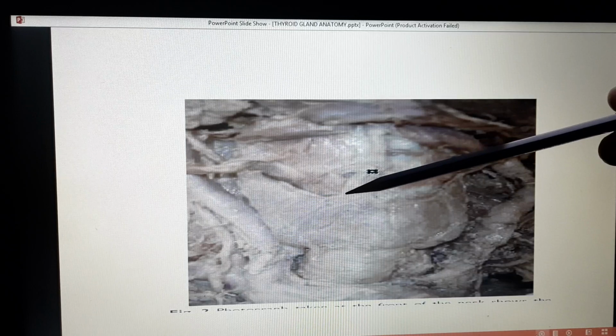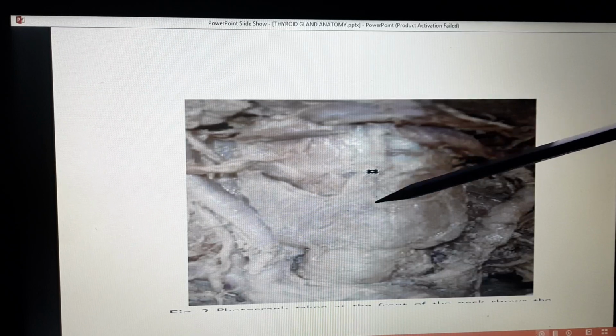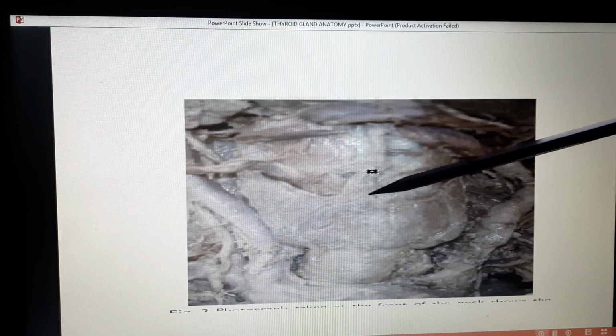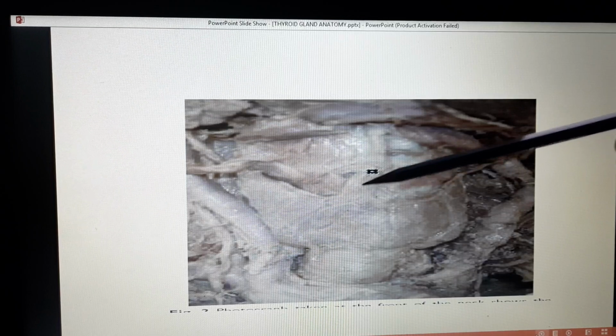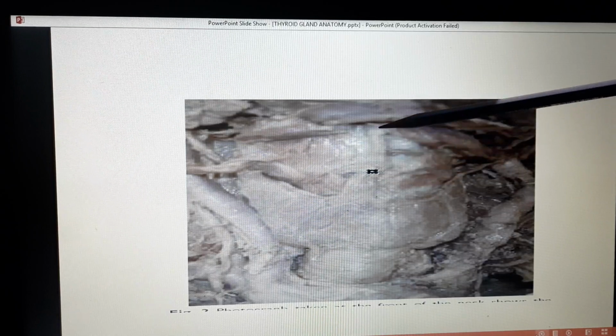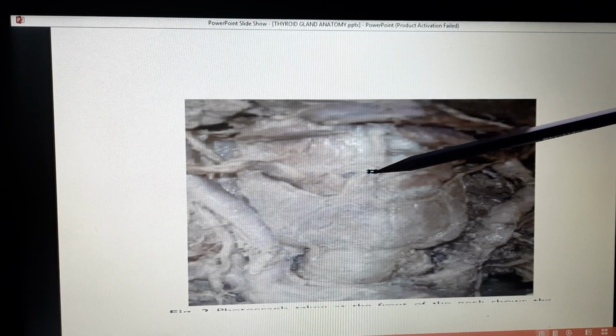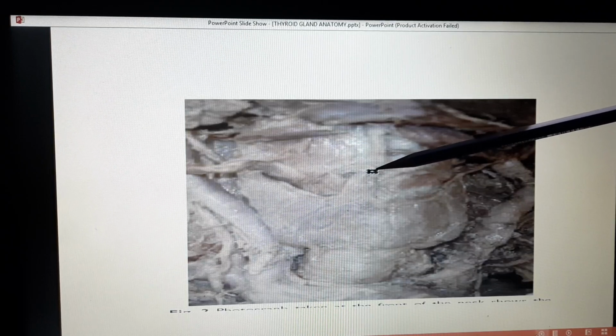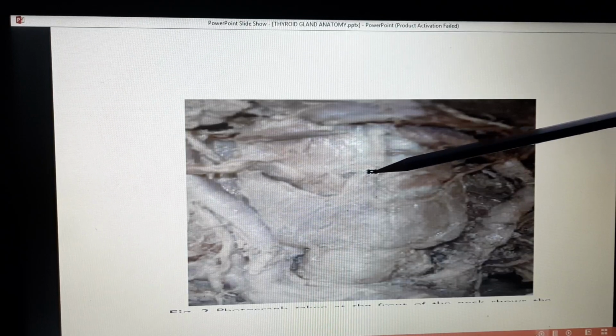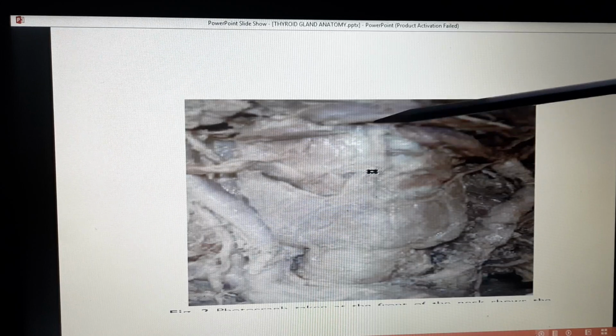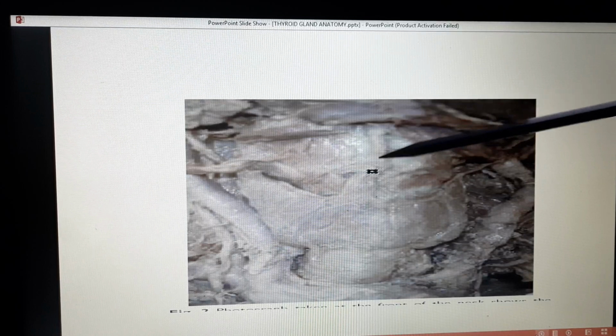You can also see in the upper border of the isthmus there is a pyramidal shaped lobe of the gland. This is the pyramidal lobe, and one fibromuscular structure extends between the apex of the pyramidal lobe to the hyoid bone. This is called levator glandulae thyroideae.